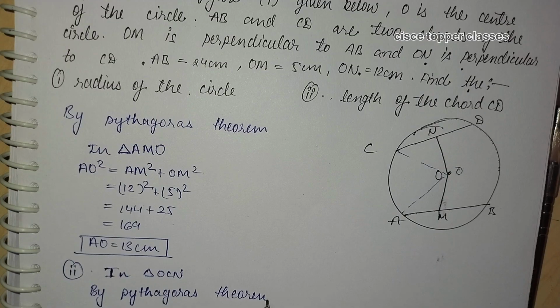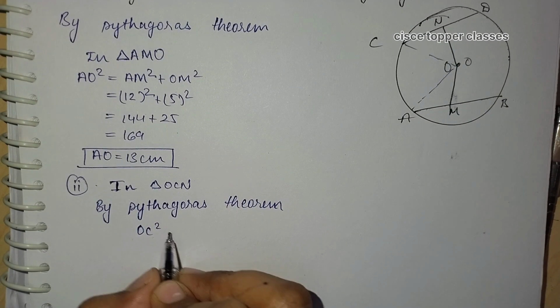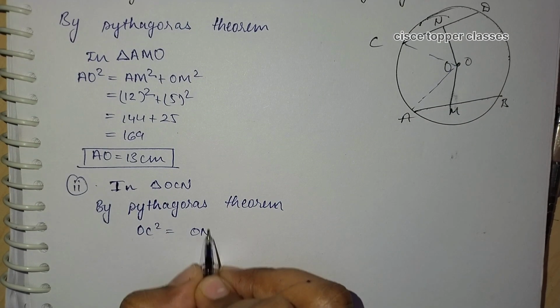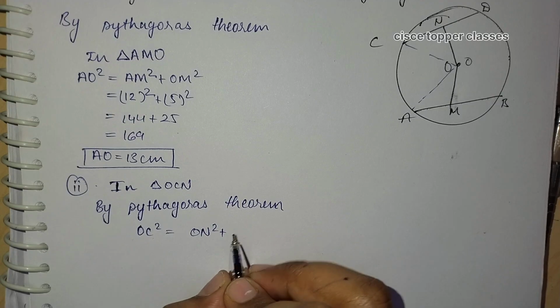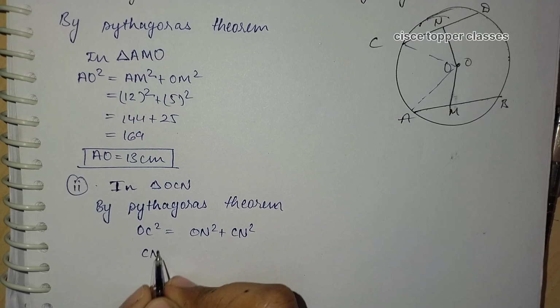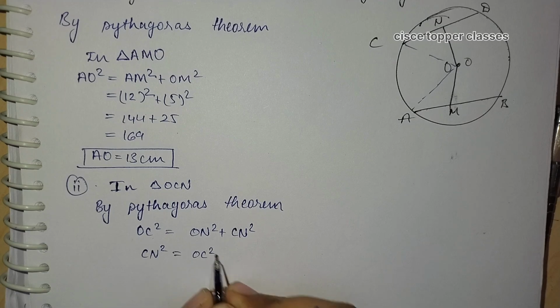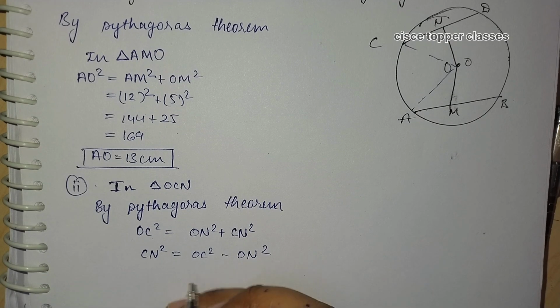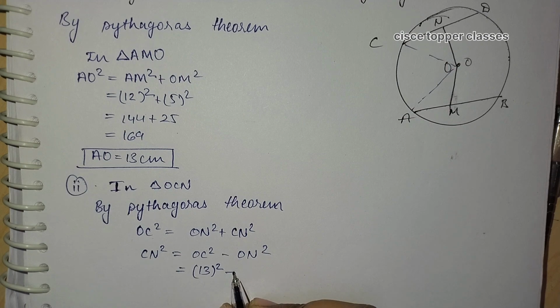We have OC square is equal to ON square plus CN square. We have to find the value of CN. So CN square is equal to OC square minus ON square. OC is the radius, so we'll put the radius as 13 whole square minus ON. ON is given to us as 12 centimeter.